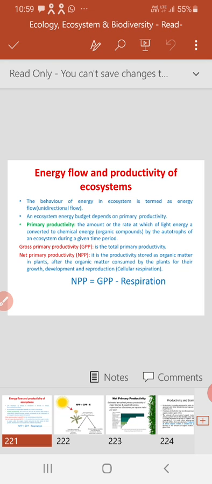There are different types of work performed by plants, which are related to their growth. So in that work, the energy is consumed. That consumed energy is shown here by respiration. So if we extract this amount of energy from the GPP, then it is actually NPP, net primary productivity.